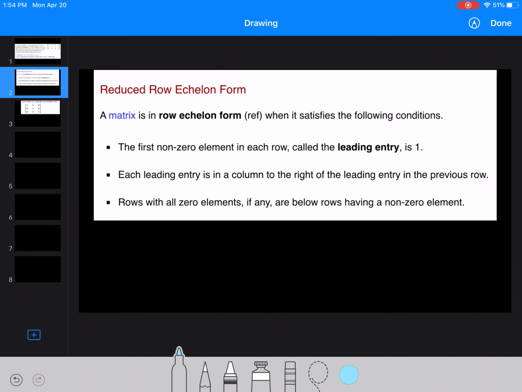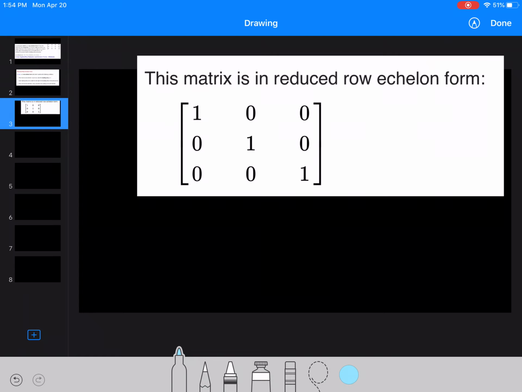Now, with reduced row echelon form, it's like one level above that. So basically, all the conditions of row echelon form must be met, but there's a new criteria. Here's the definition, but if we look at this example, we'll understand a little bit more. If we have a leading term of 1 on the diagonals here, on top of the 1 has to be a 0, and the bottom of the 1 has to be a 0.